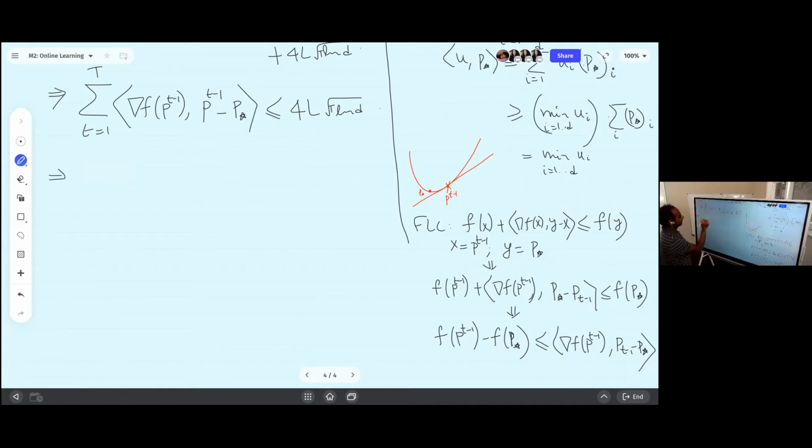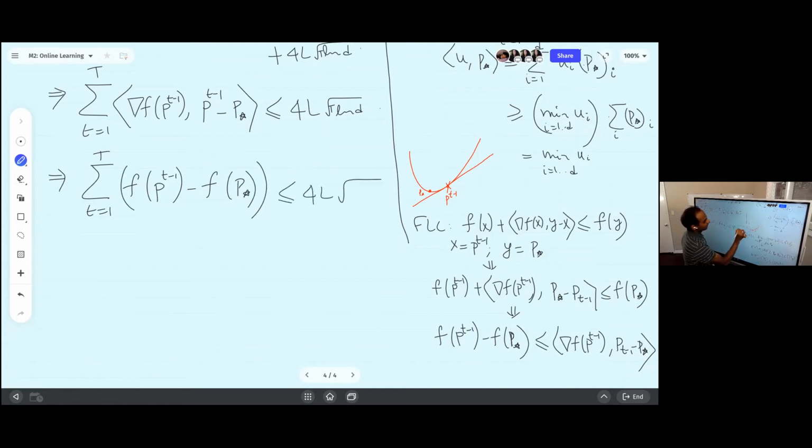So we get that the summation t equals 1 to T of the difference in function values of the iterates compared to the global optimum is at most this T times 1T.